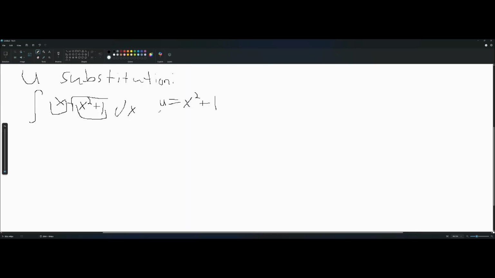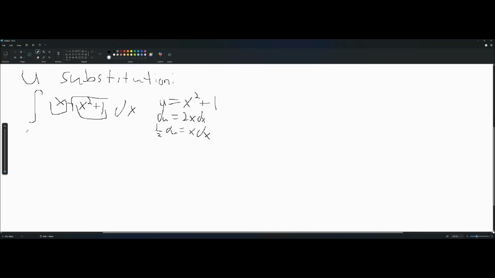And then we could set our du equal to 2x dx. And if we divide by 2 on each side, we get that 1/2 du is equal to x dx. And recognize that we have this x right here and this dx.